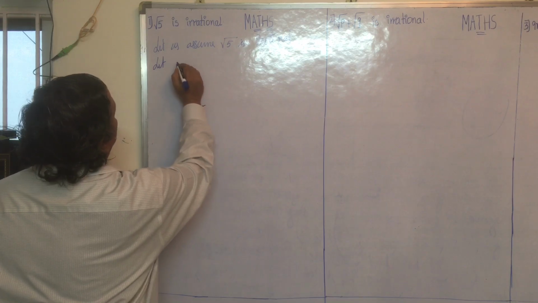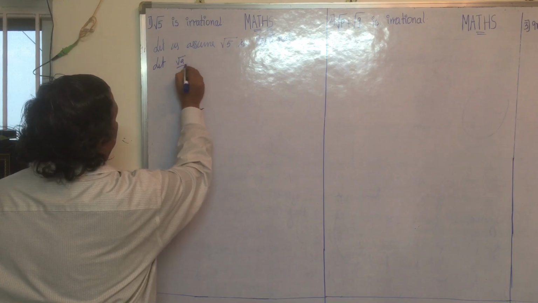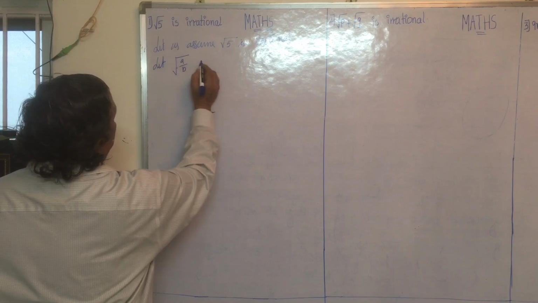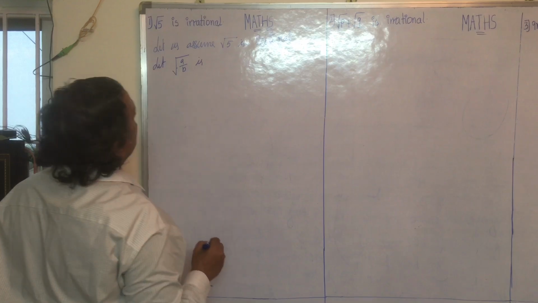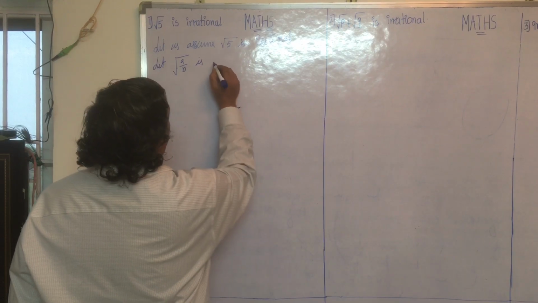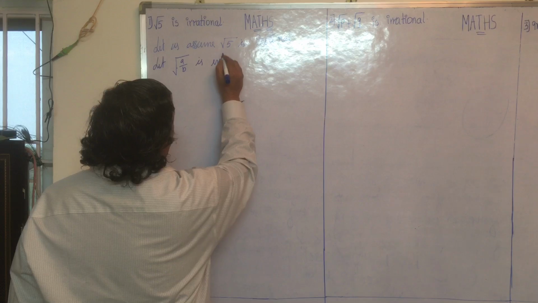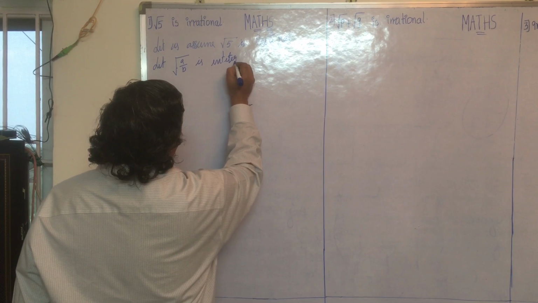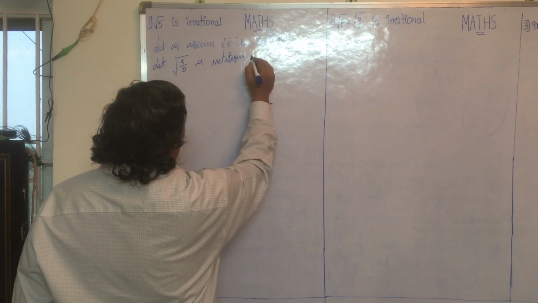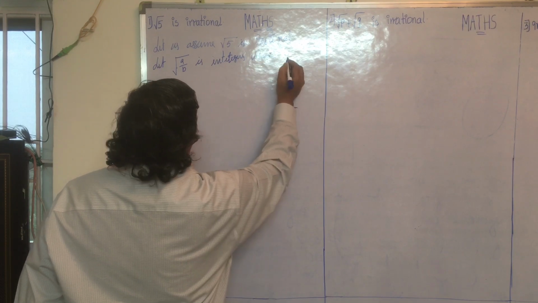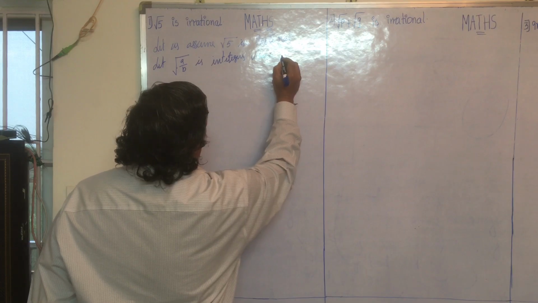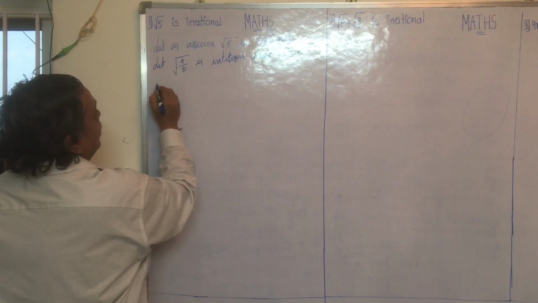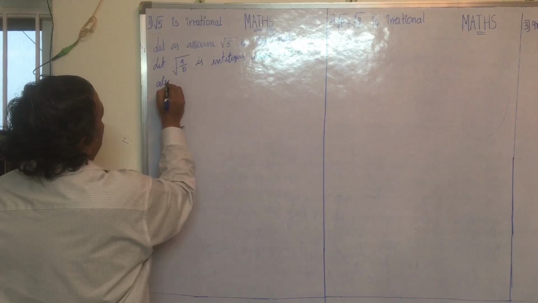Let root 5 equal a by b, where a and b are integers and also co-primes.